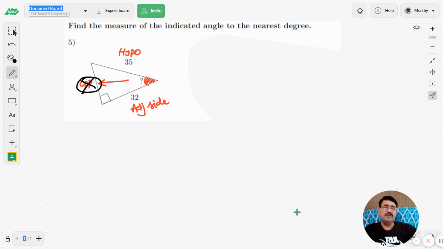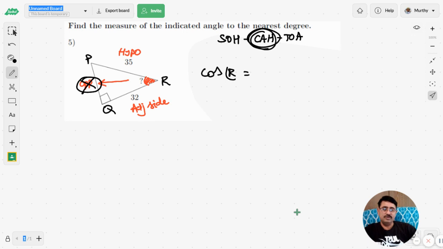So, think of SOHCAHTOA, CAH, that is adjacent and hypotenuse. Therefore, the cos, let me label this one PQR. Cos angle R equals adjacent side over hypotenuse.